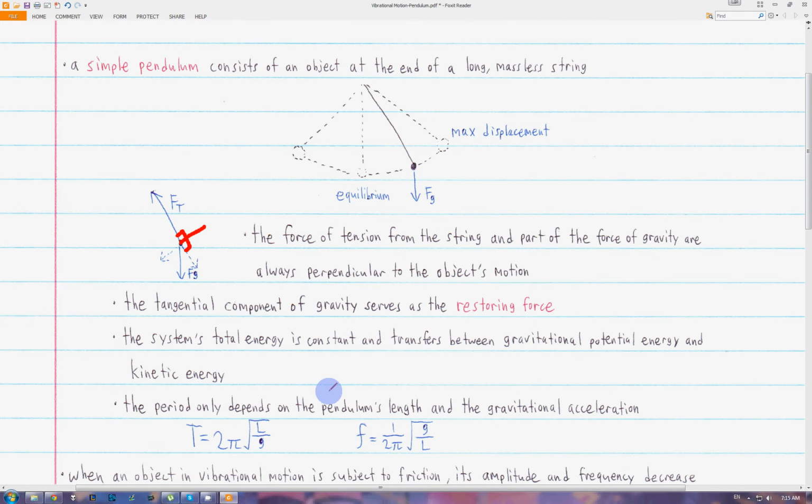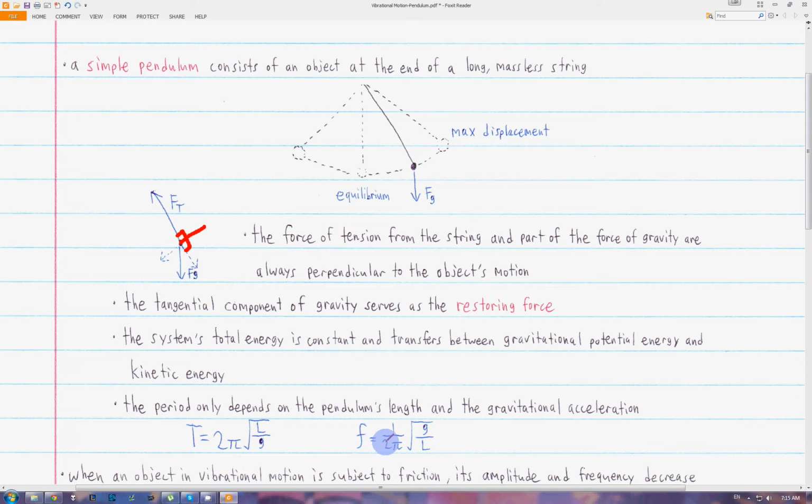And the period of a pendulum, instead of the force constant and the mass of the object, depends on the length of the string and the gravitational acceleration, g, which is 9.8 on the Earth's surface. So the period is 2 pi square root L divided by g, and then the frequency is just the reciprocal of that.